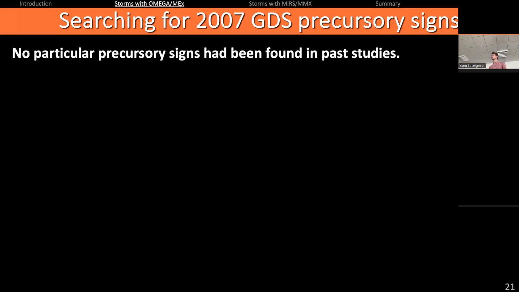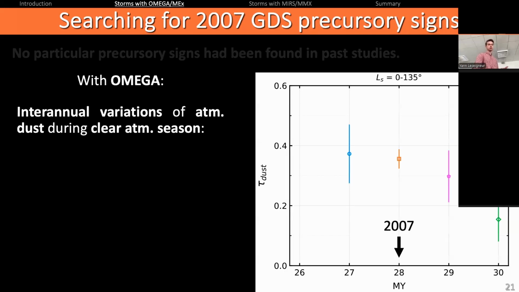So actually, we do not have particular precursory signs for this kind of dust storm, but I wanted to know if, with this new dataset, we have some precursory signs. Here I computed the dust optical depth averaged during the clear atmosphere season, at the beginning of the Martian year, where we have less dust, and we can see the variation during the different Martian years.